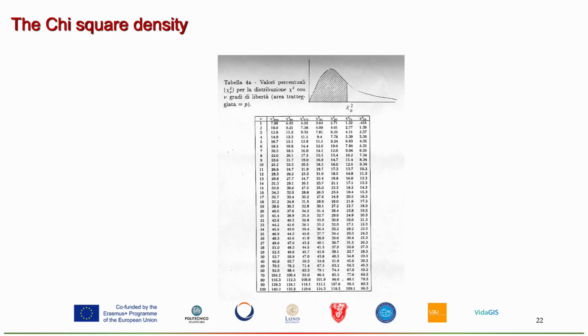In this table and picture, you find above the picture of a chi-square distribution, and in the table below, you find for different degrees of freedom the chi-square such that the area of the integral of the distribution at the left is smaller or equal than a given significance value.